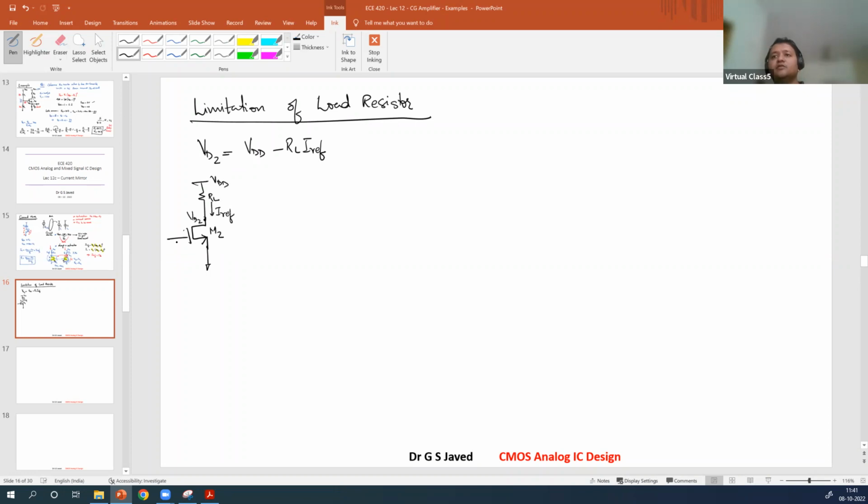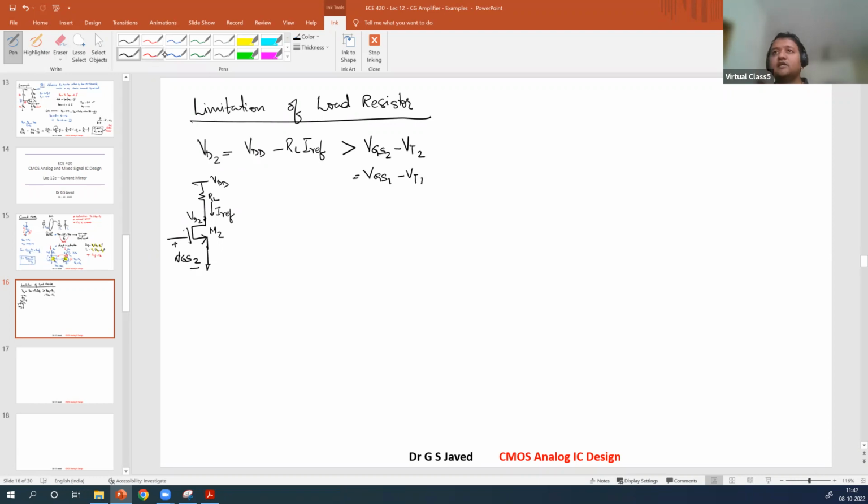This value is VD2, so with VGS2, VD2 is equal to VDD minus IRF RL. Now, what does this value have to be greater than to maintain saturation? VGS minus VT, so VGS2 minus VT2. So this is a relationship that you have to get. Now, what is this VGS2 equal to? VGS1 minus VT1. So these conditions are present.